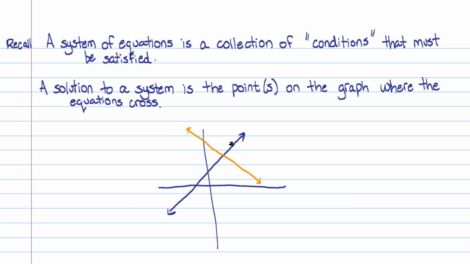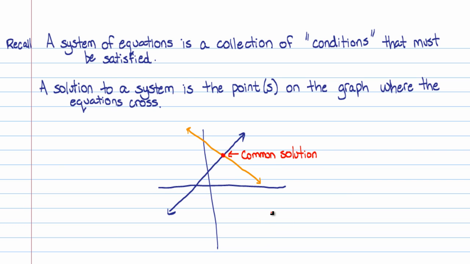However, there's only one point that exists on both, right where they cross. That would be the common solution, and we often just call that the solution to the system.